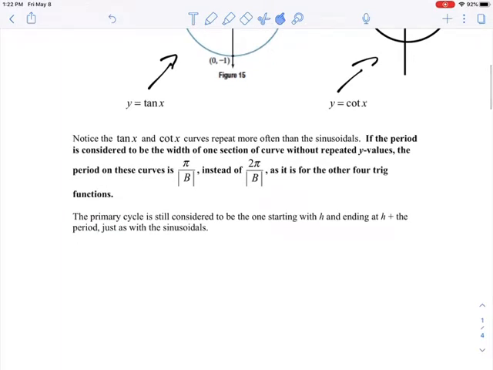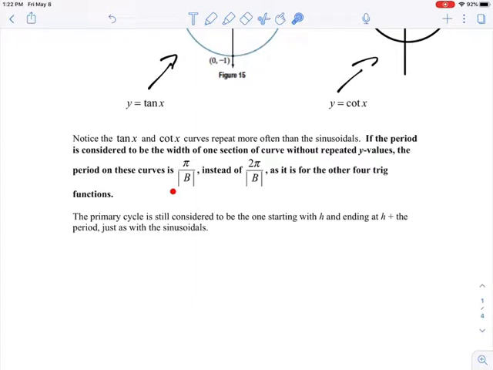Notice that tan and cotan curves repeat more often than sinusoidal curves. If the period is considered to be the width of one section of the curve without repeating the y, that's what we just talked about. So here, instead of our 2 pi over b, our period for our tangent and cotangent is just pi over b.